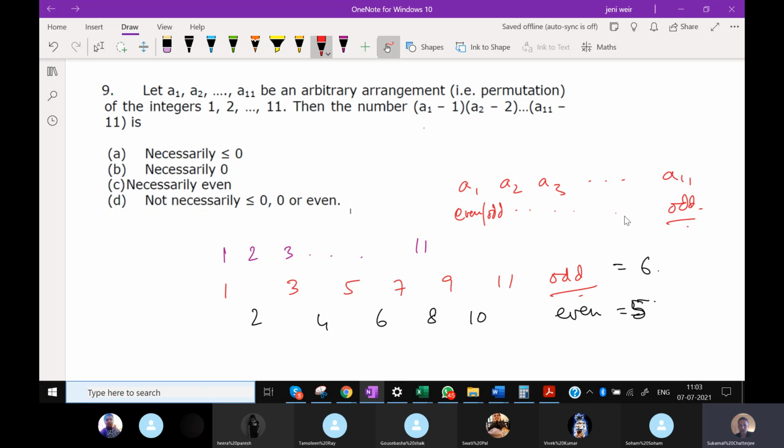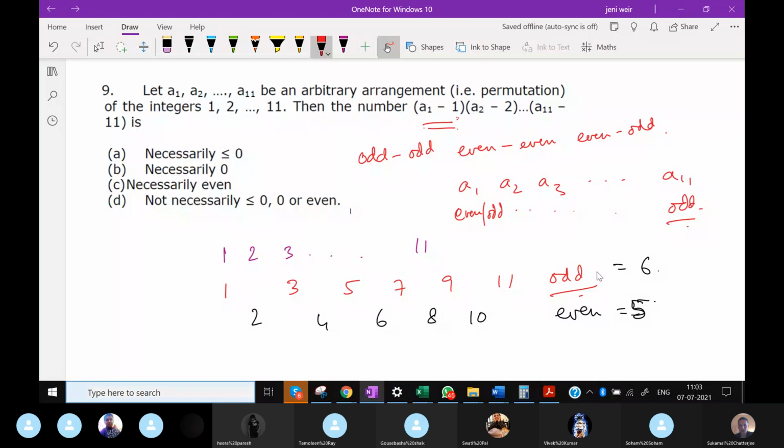A1 to A10, right? So which means that when we are looking at the differences, right? So we can have odd minus odd, or even minus even, or even minus odd. So these are the three possibilities, right? So that means we have here also 1, 2, 3, 4 up to 11.